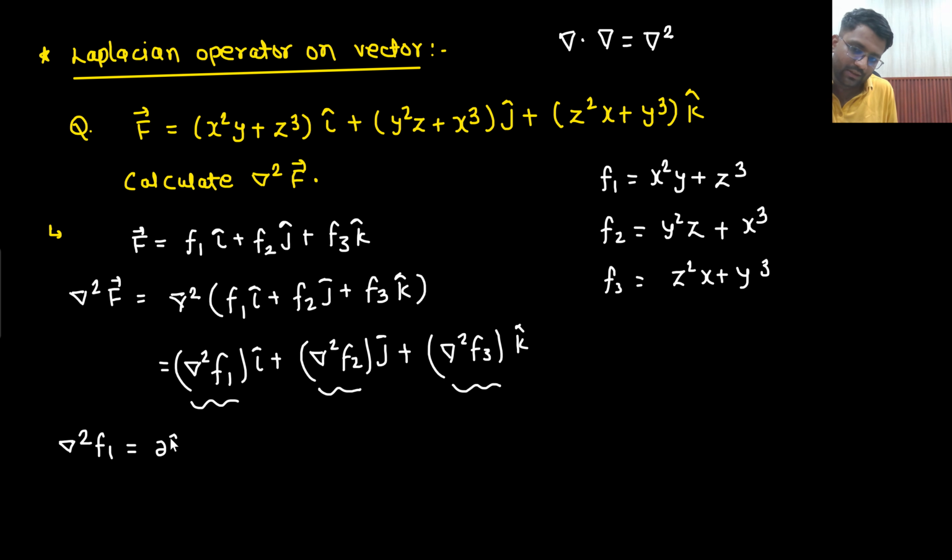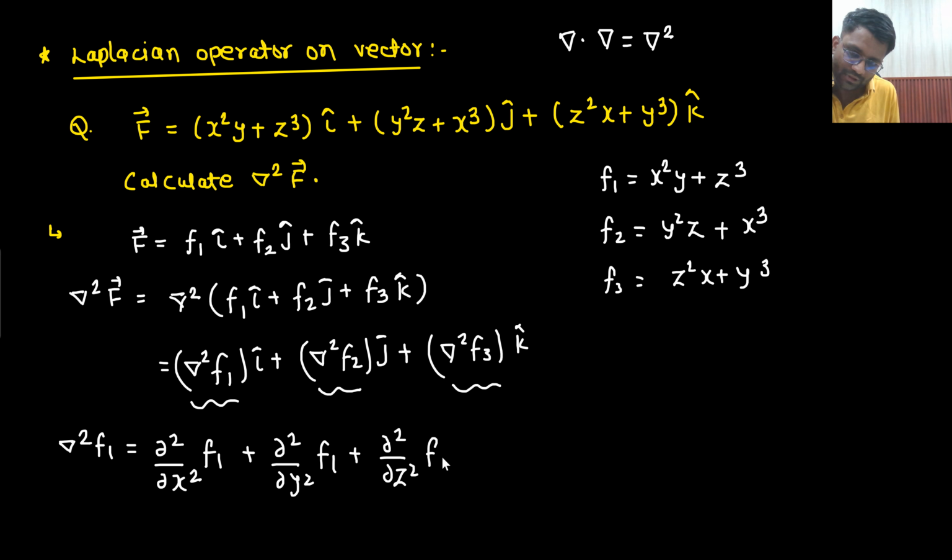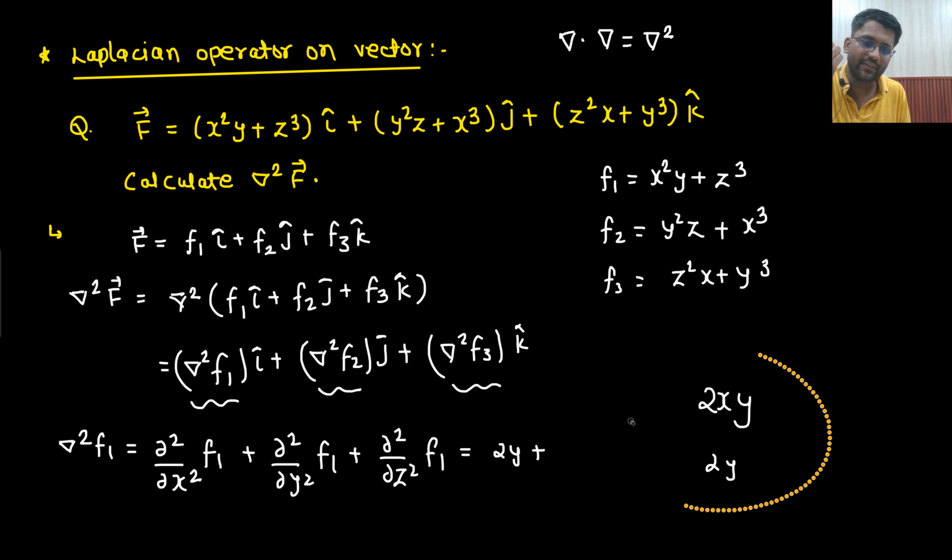What would that be? That would be nothing but partial differentiation with respect to x 2 times, partial differentiation with respect to y 2 times, partial differentiation with respect to z 2 times. So f1 will be partially differentiated with respect to x 2 times. What will we be getting? 2xy, then again differentiate, 2y. Plus partial differentiation with respect to y 2 times.